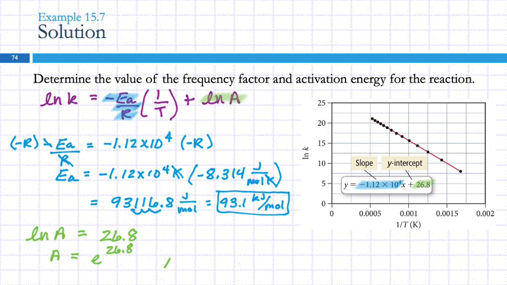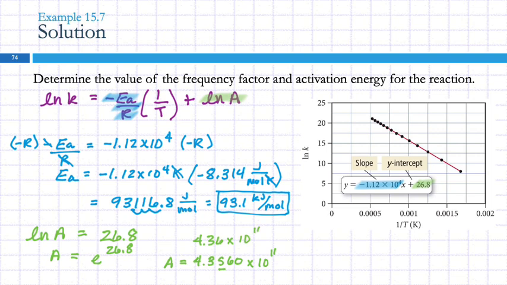And so A is going to be 4.356 times 10 to the 11. Again, we're not being super picky about significant figures, so we might report it with 3. So that would be 4.36 times 10 to the 11.